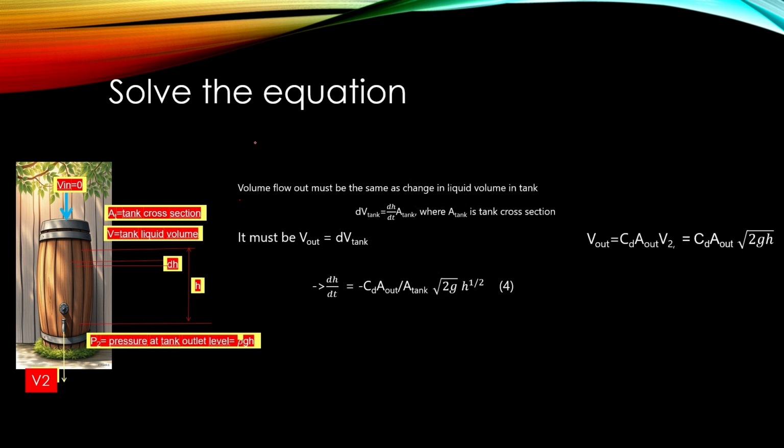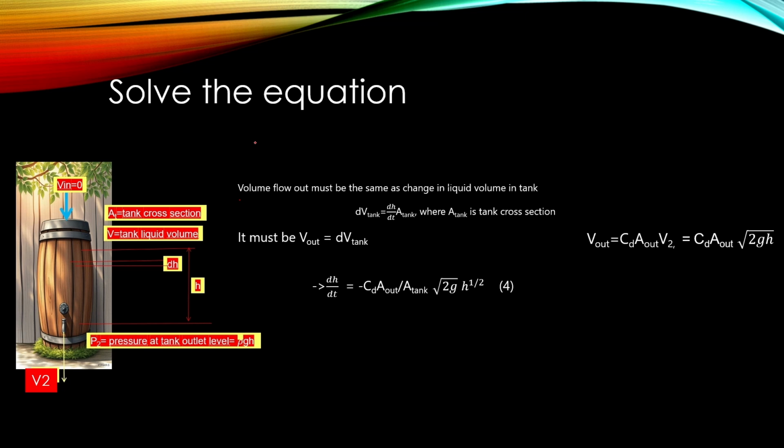Now when we have outlet flow, there must be change in tank liquid volume. And that can be calculated as a function of change in liquid column height times the tank cross-sectional area.